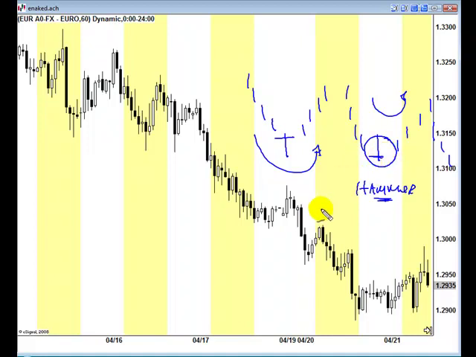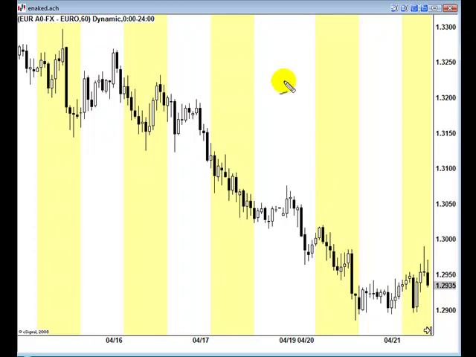So what we've got now is we've got spike highs, and we've got spike lows, and we've now discovered that either one of these can take place at the top of a trend or at the bottom, and both of these signify reversals.